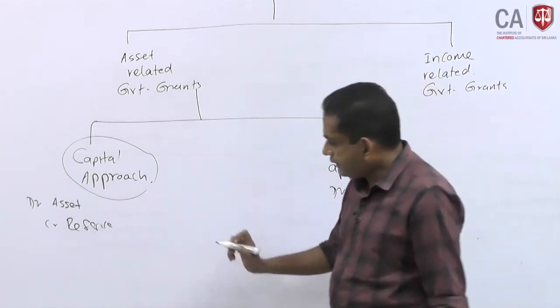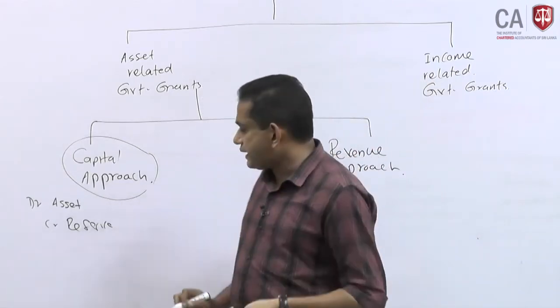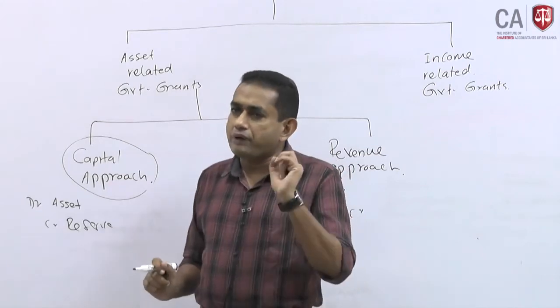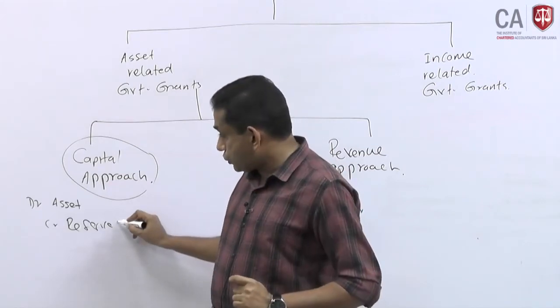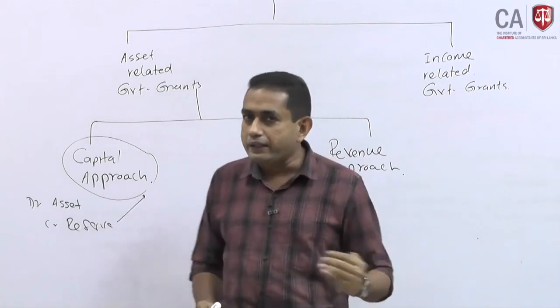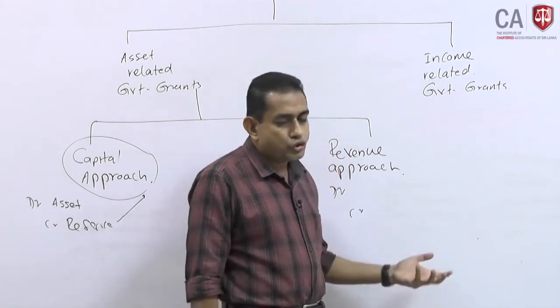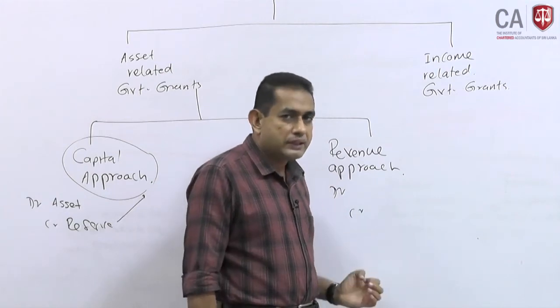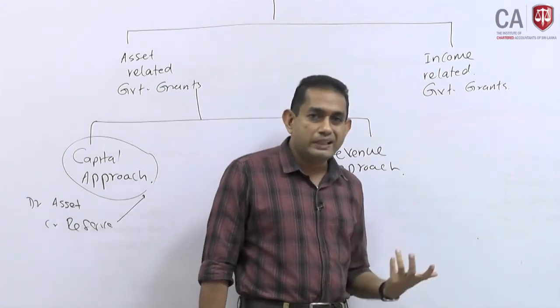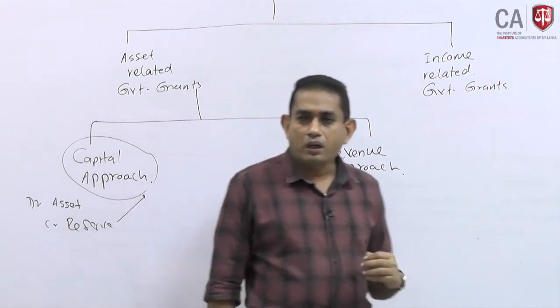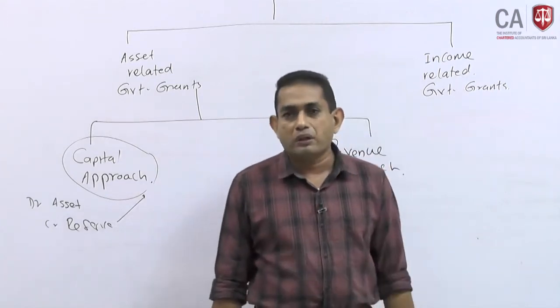Now, simply what I want you to understand here is the fact that the value of the grant goes to a reserve account here, and that is shown under equity. Here the value of the grant goes to profit and loss, and that is included in the profit and loss either in full or in bits and pieces over a prolonged period.